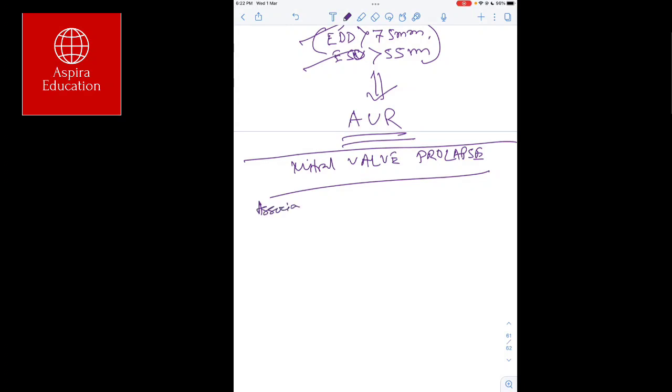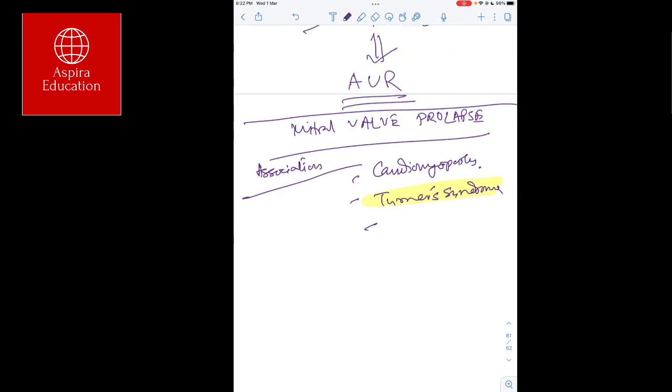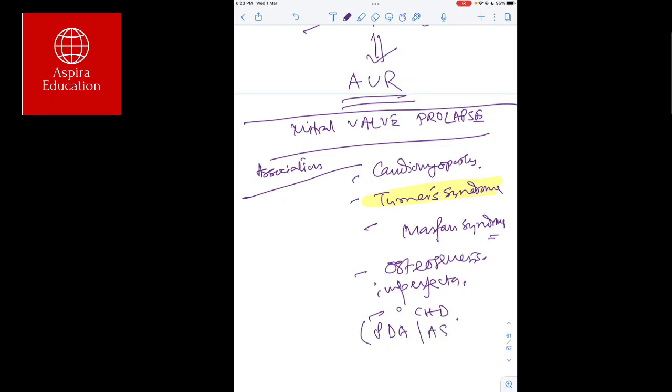It can be associated with cardiomyopathy, Turner's syndrome, which is very common, Marfan syndrome, osteogenesis imperfecta, and congenital heart disorders like PDA and ASD.